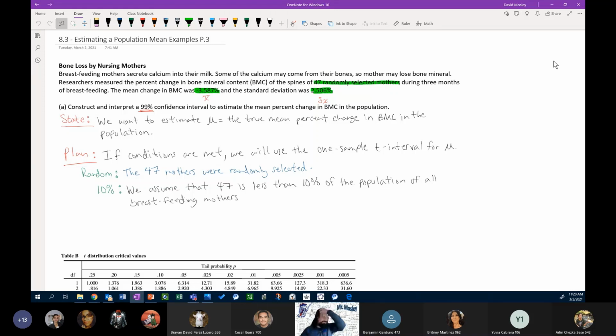This is a fair assumption to make because we can assume in the population, like just in the US, there's going to be more than 470 mothers who are breastfeeding at any given time.